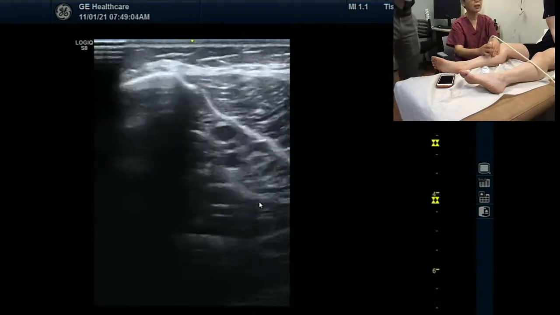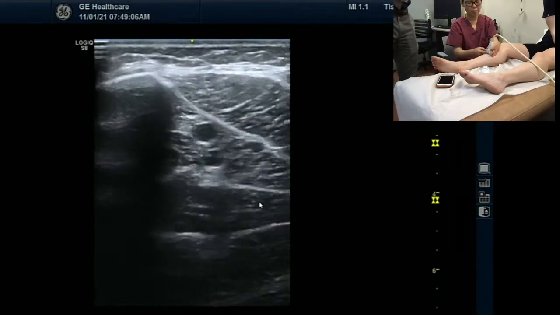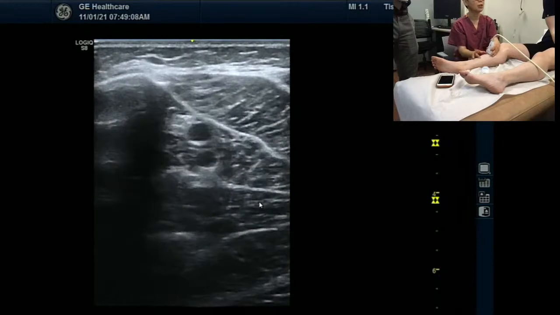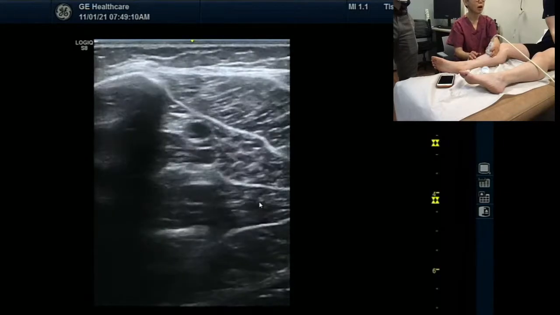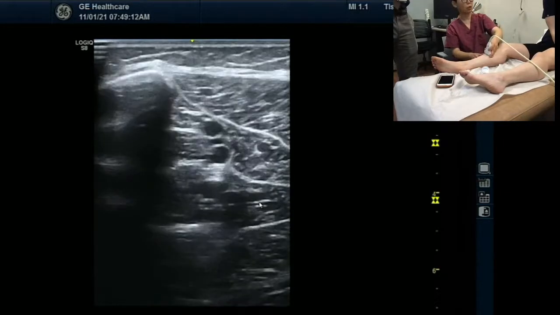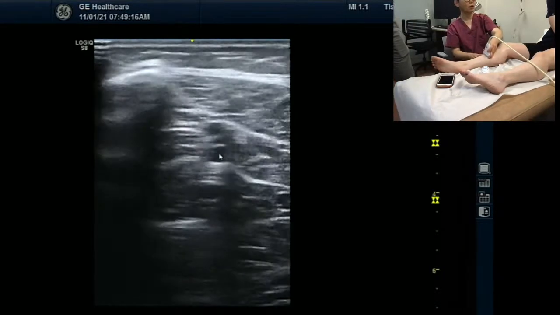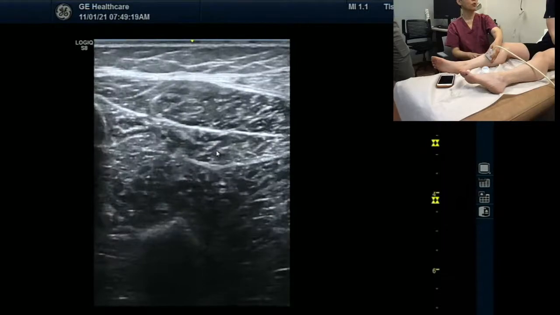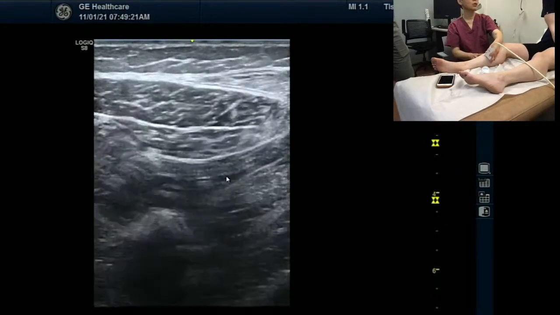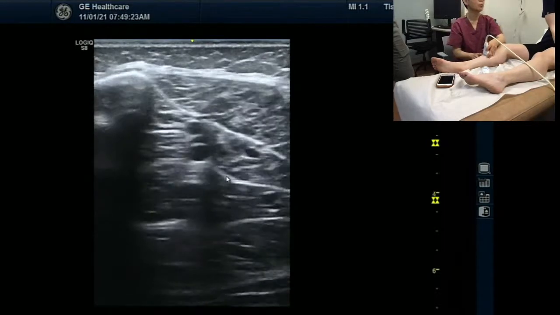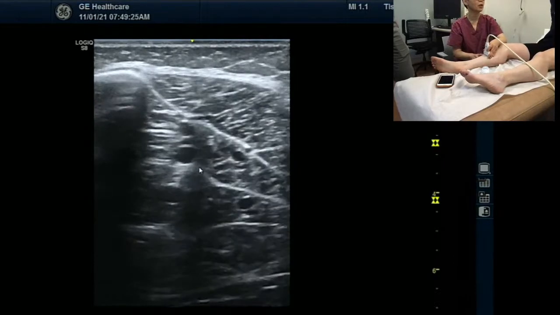But we learned last time that the motor point is between the middle one-third and two-thirds, right? So where I put the probe, which is the motor point area, you see two vessels there. I'm going to go posteriorly. I think the two must be the posterior tibial artery and the fibular artery.